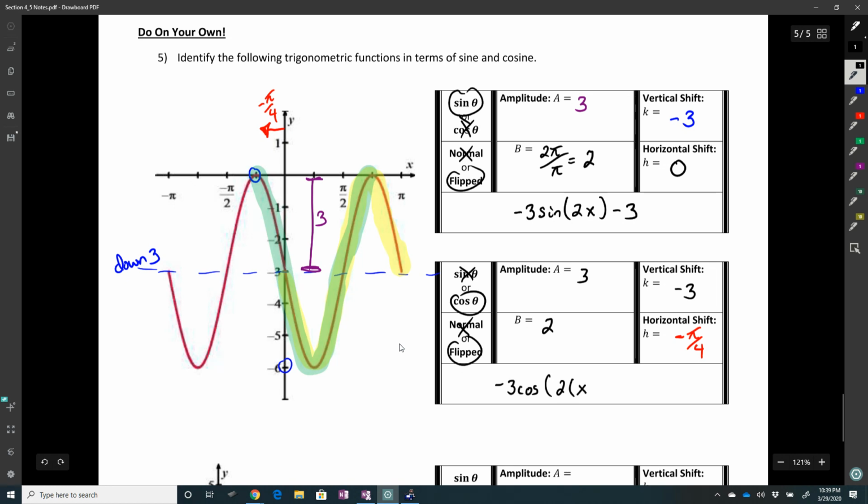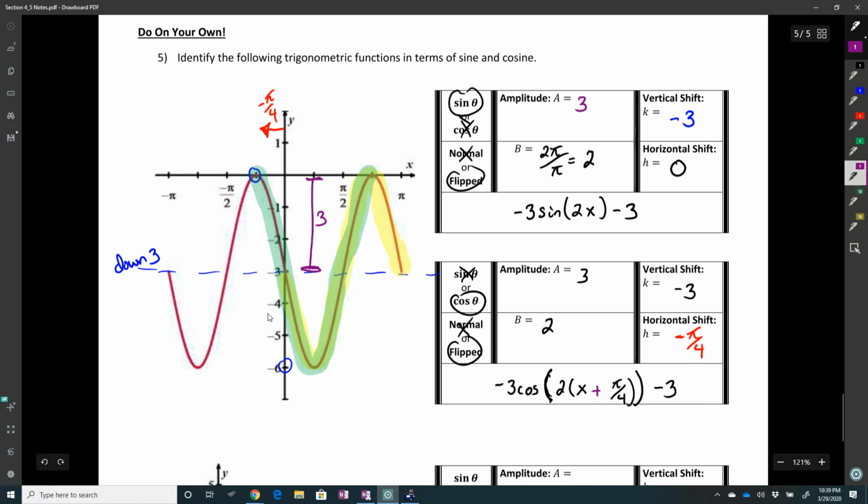Because remember, the formula always has a minus, but this went to the left, so it's negative pi over 4 minus 3. And so because of that double negative, that's going to turn it into a plus. Okay? And so instead of the 2 plus signs, I'm just going to write it as 1 plus.